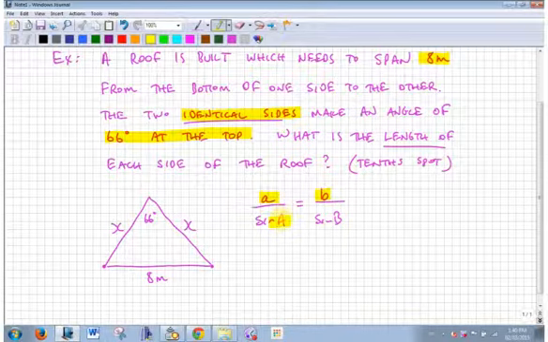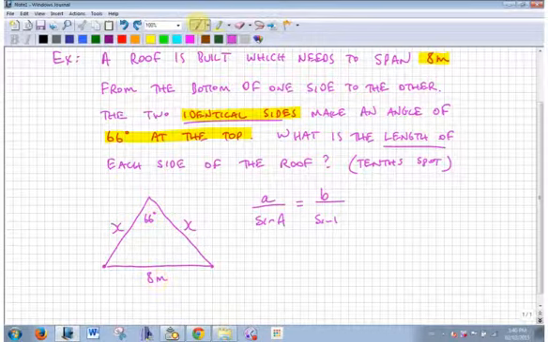Either both sides in one angle or both angles in one side. I have to have 3 pieces of information. Do I have 3 pieces of information here? No, I don't.